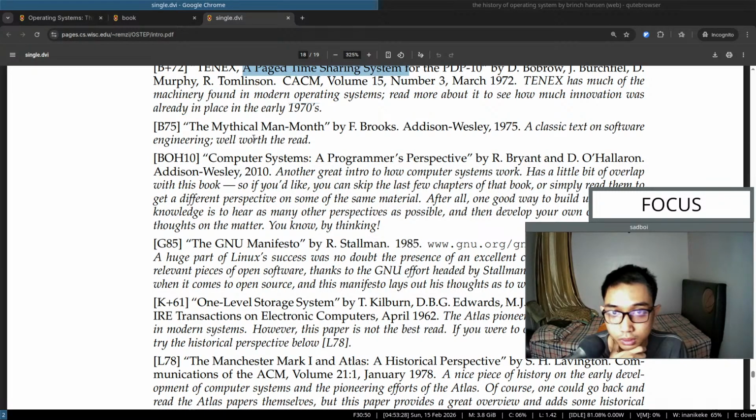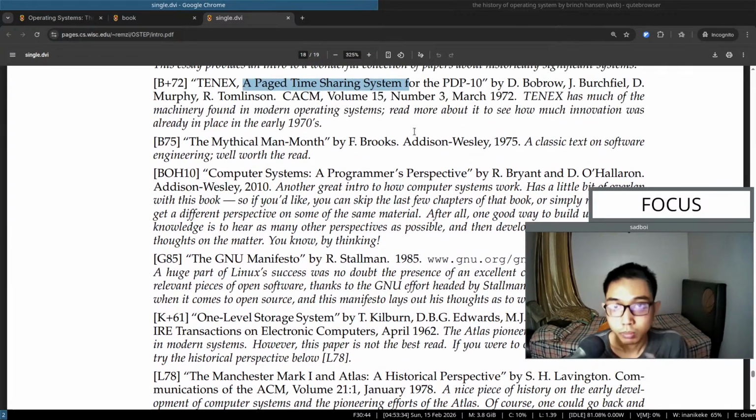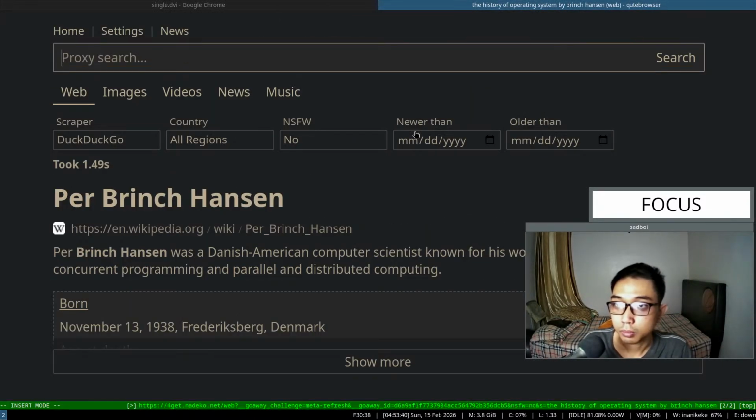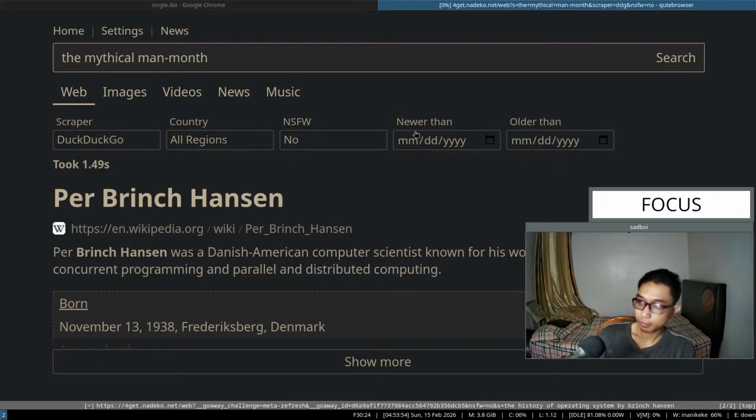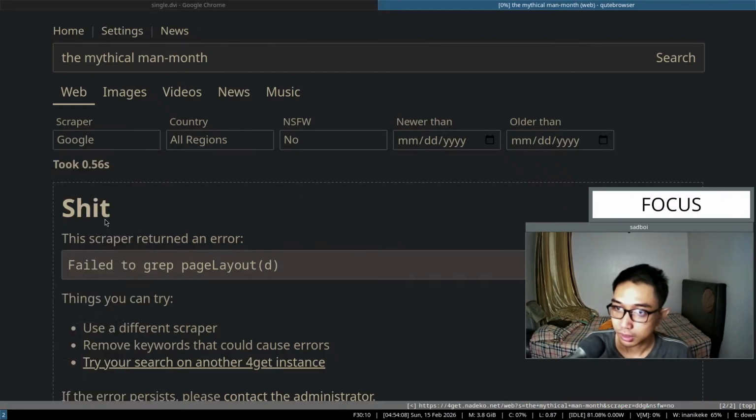Well, what to read? Okay. Let me check. Man-month. Oh, okay, let's try.